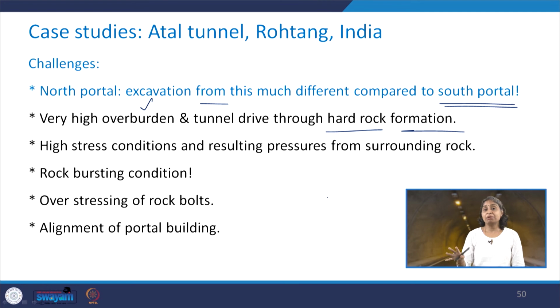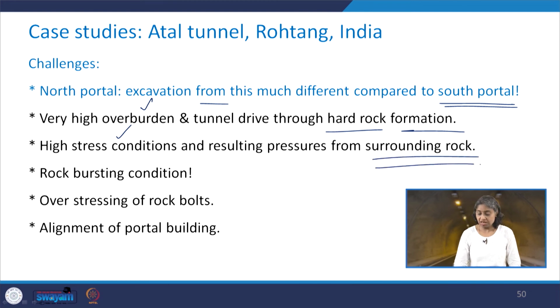So what will happen because of the high overburden? There is going to be the presence of high stress conditions and the resulting pressures will also be very high from the surrounding rocks, and there was the situation of the rock bursting condition.